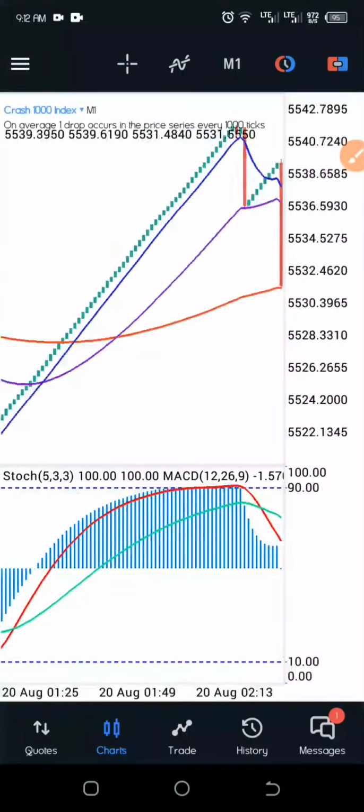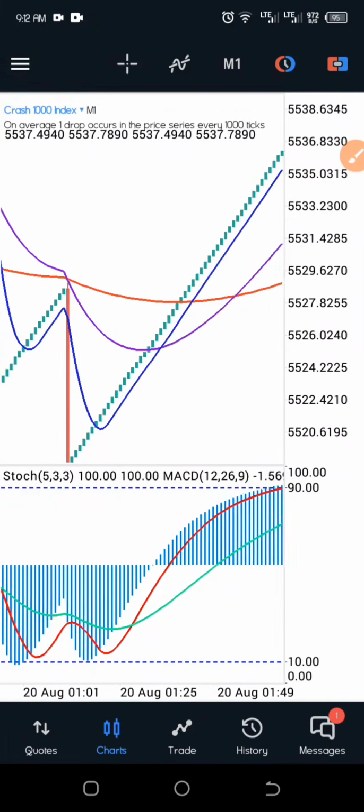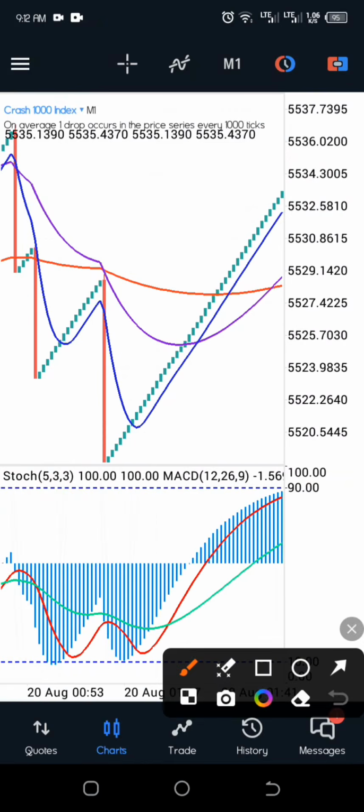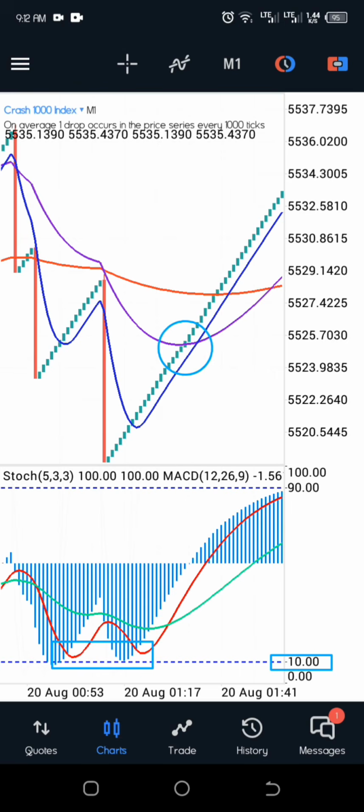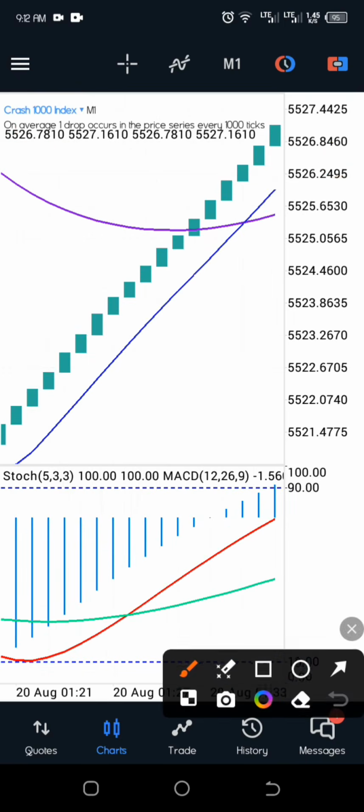Now here on Crash, we have a different perspective with the red moving average. What is that perspective? When you see your confirmation right here, you want to wait for the price to move and cross above the moving average, and not just cross, it crosses with 3 to 4 candles.